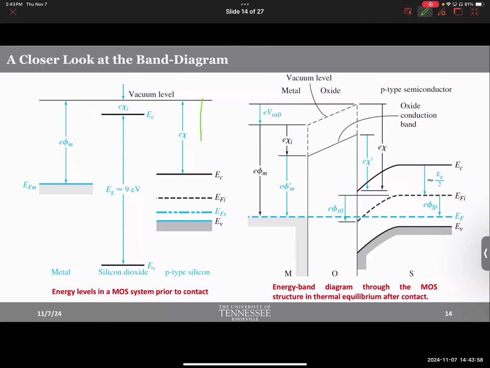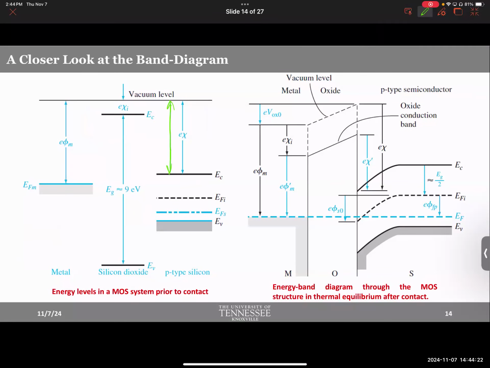Okay, let me define phi s with some parameters that we know, okay? Here goes. This is chi, as you see already marked. Chi is the electron affinity, which is a material parameter. So we're trying to express it in terms of material parameters. Can I also add this? Let me show you.